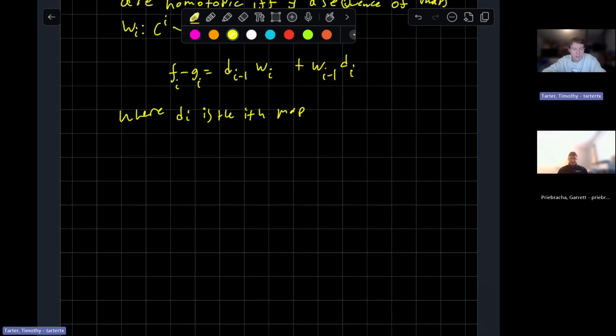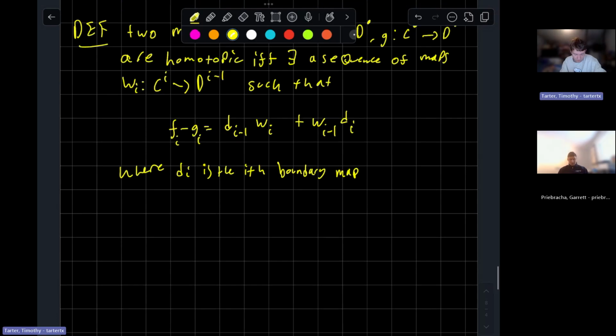So I understand where DI comes in. Hmm. What is the boundary map? It's the ith boundary map. Oh.